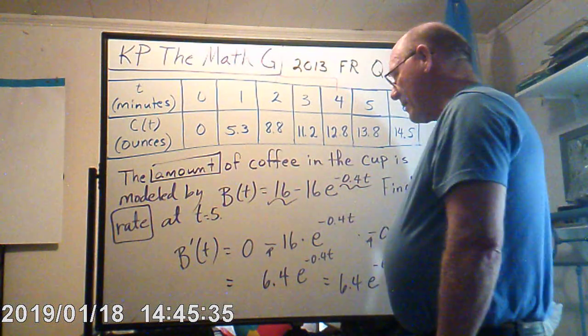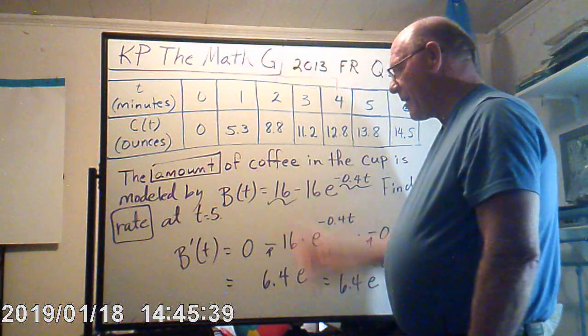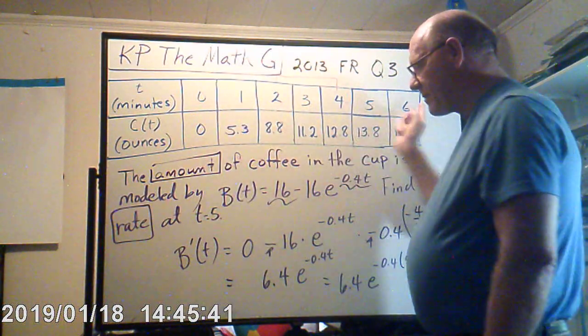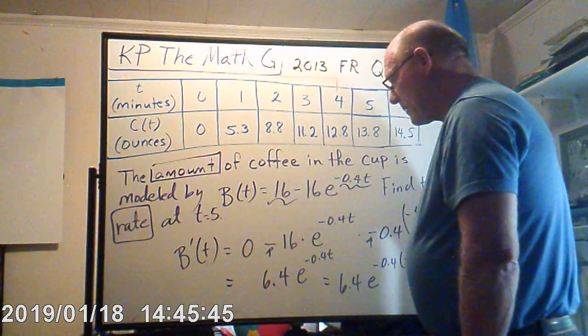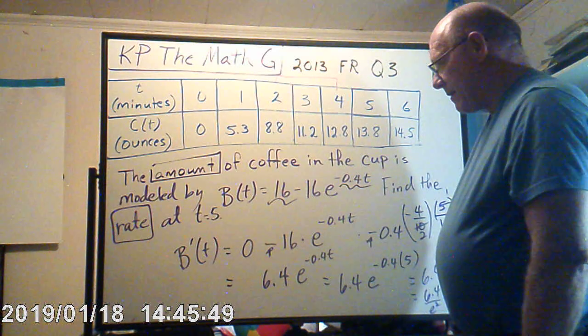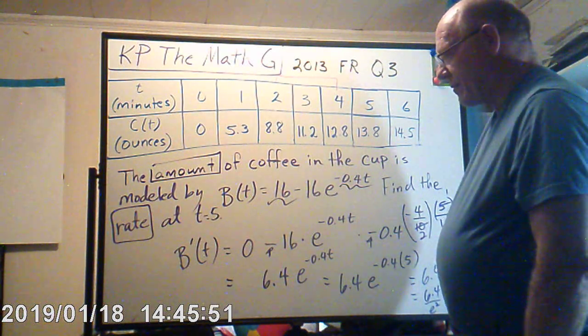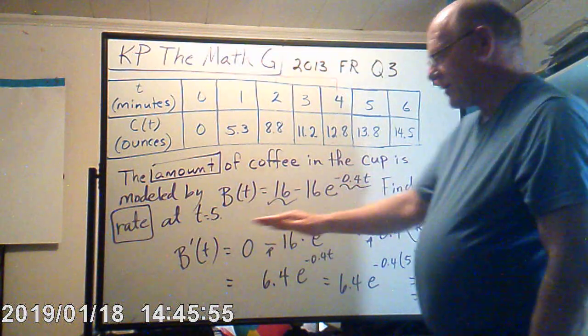So whatever time they give you, from time 2 to time 4, from time 0 to time 6, whatever they give you there. If you're looking for rate though, you already have the amount right here, and just take the derivative.